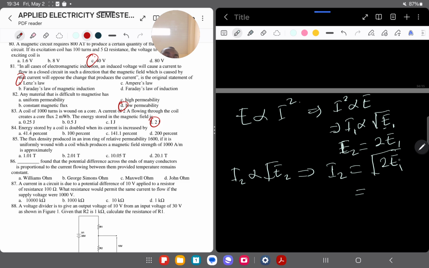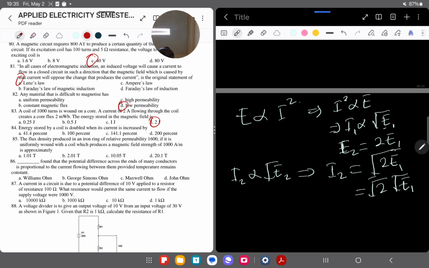So you can write root 2 here times maybe E1.